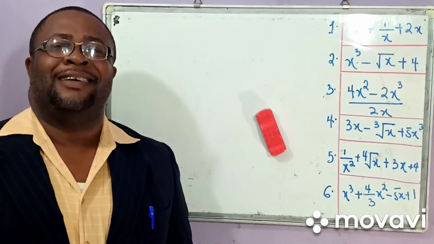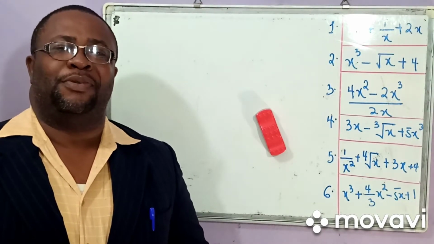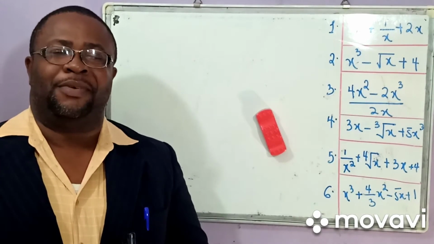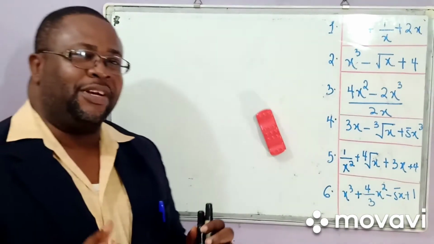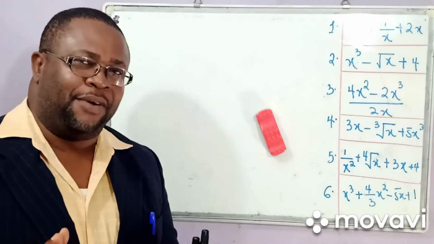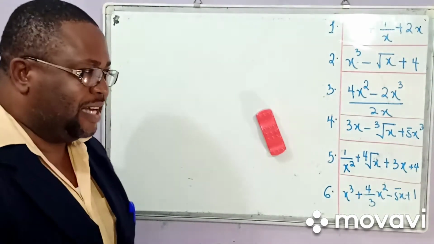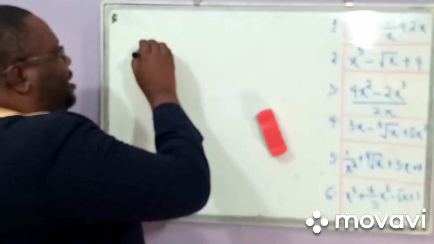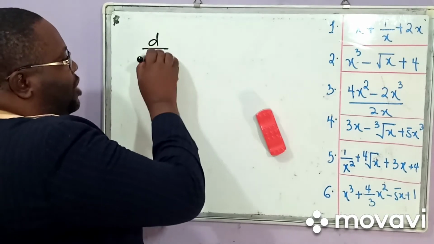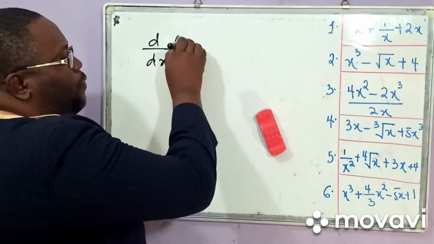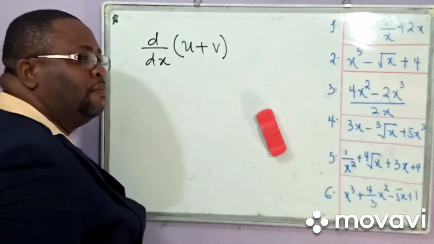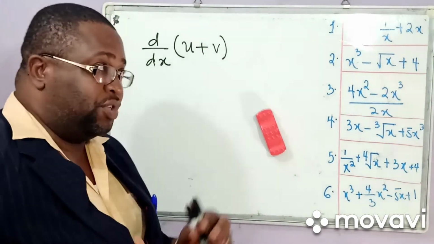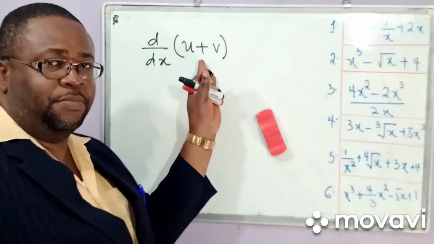Hello, welcome back. Now, when we talk about the sum rule, whenever you hear the word sum, what are we talking about? Addition. And whenever you hear the word difference, we are talking about subtraction. Consider that you have to differentiate with respect to x two functions, u plus v. That is two separate terms, and there is an addition in between.